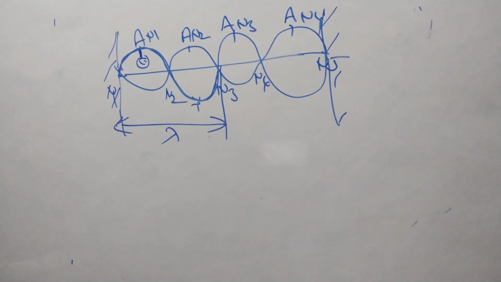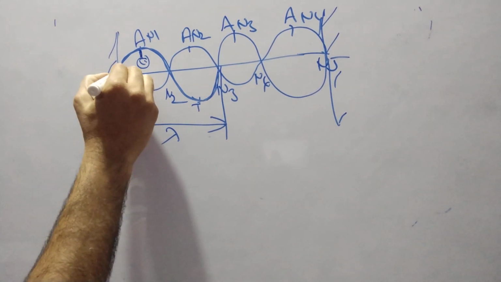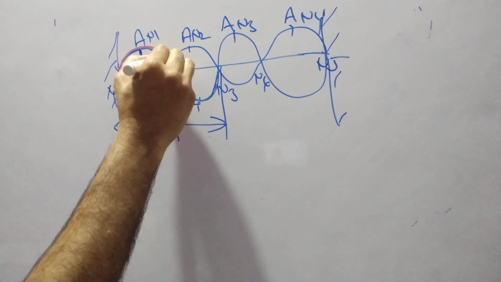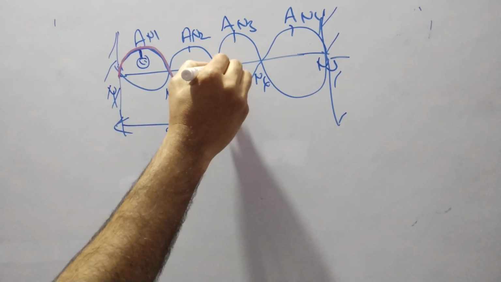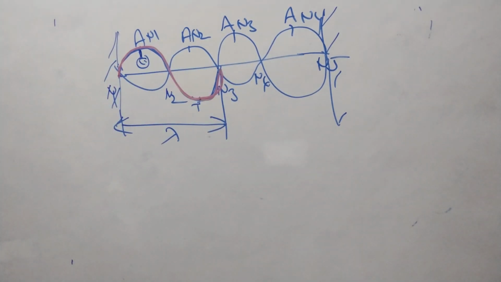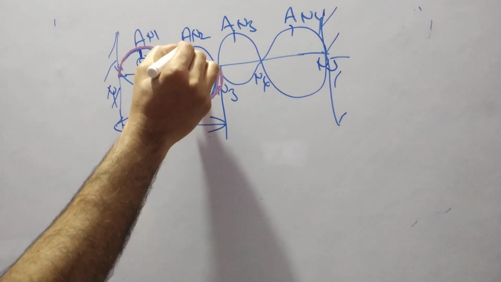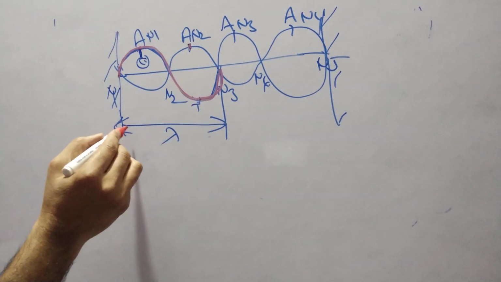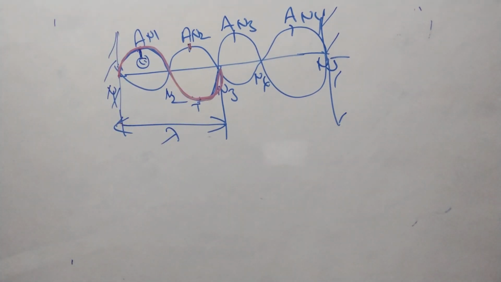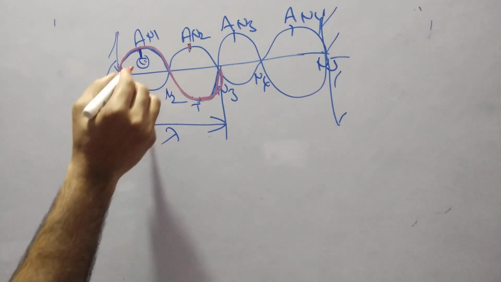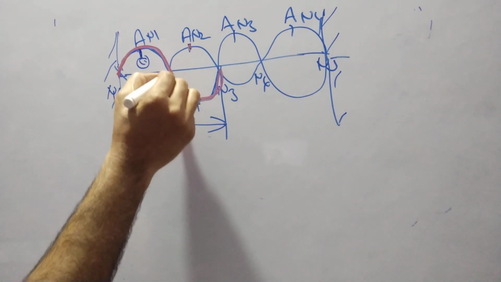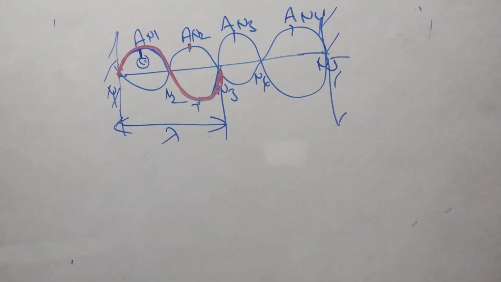So this part is lambda. Or the distance between two crests is also known as lambda. So many definitions are there for lambda. This total complete wave cycle is lambda.